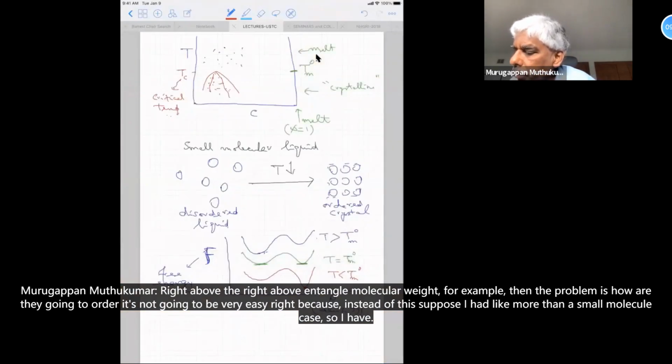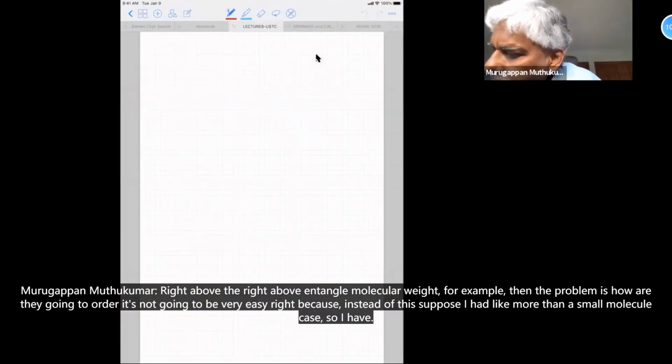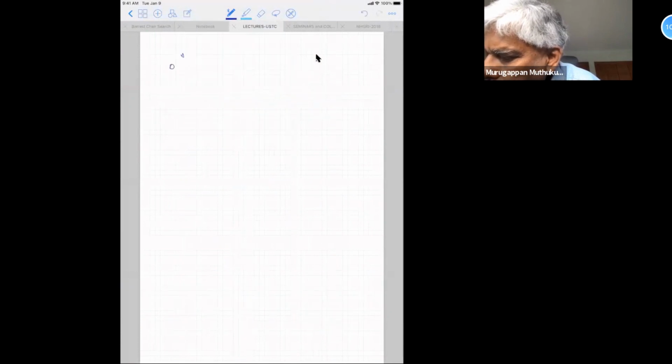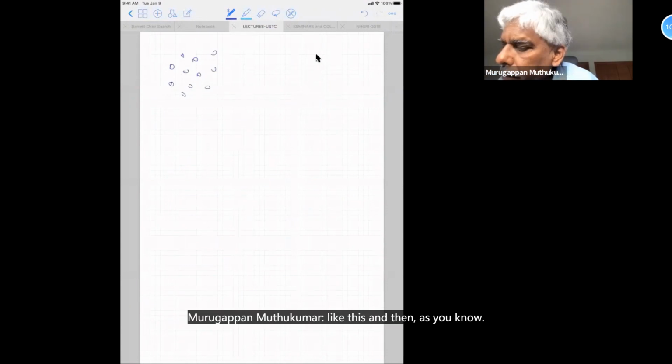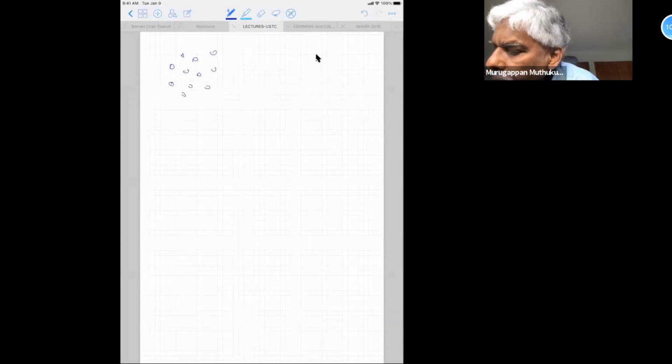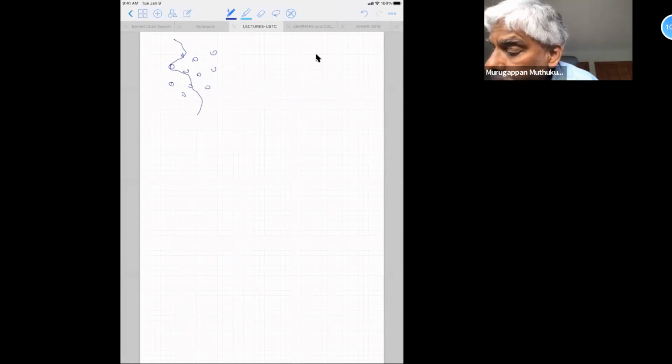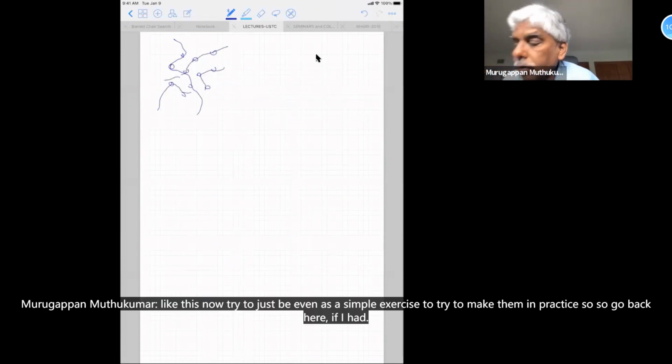Because instead of this, suppose I had more of a small molecular case. So I have chains like this. And then, as you know, there are several chains which are making up these monomers, like this.